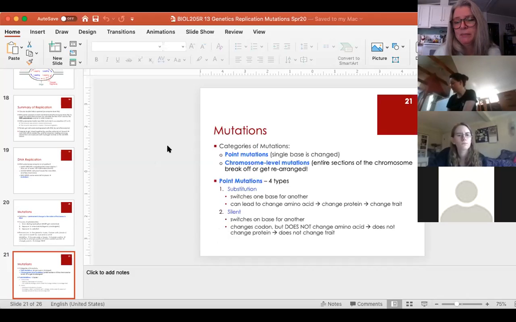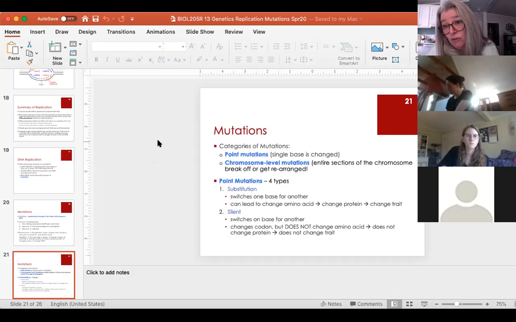And we said we typically discuss mutations, remember, as either being point mutations, that's a base-to-base mutation, or chromosome level mutations. We don't talk about chromosome level mutations in microbes because they only have one chromosome. We just don't see them the way we see them in humans.